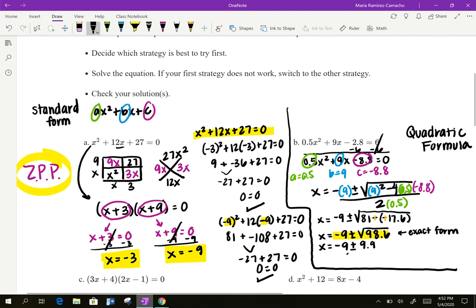So that gives us, on the one hand, -9 plus 9.9, or -9 minus 9.9. Here, this would be 0.9, and this would be -18.9.